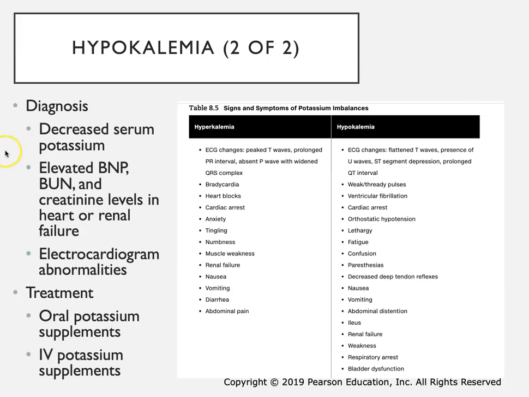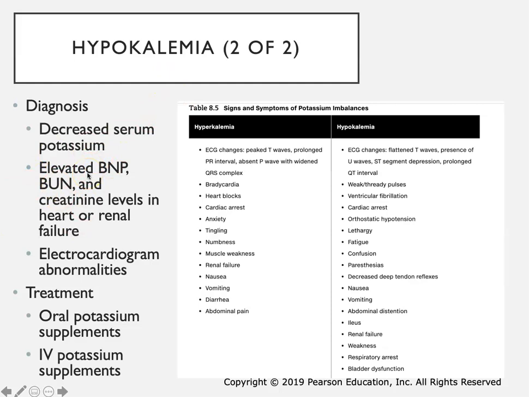For things like potassium, the ECG is particularly important because it does affect that electrical activity of the heart. Okay. But in terms of these BNP and BUN and creatinine, I didn't really talk that much about them, so don't worry about it too much. But remember, those are kind of general indicators of an electrolyte imbalance. And they're not really specific to these specific ions.